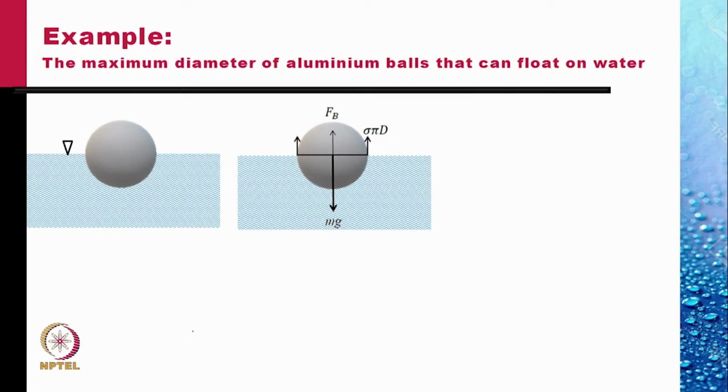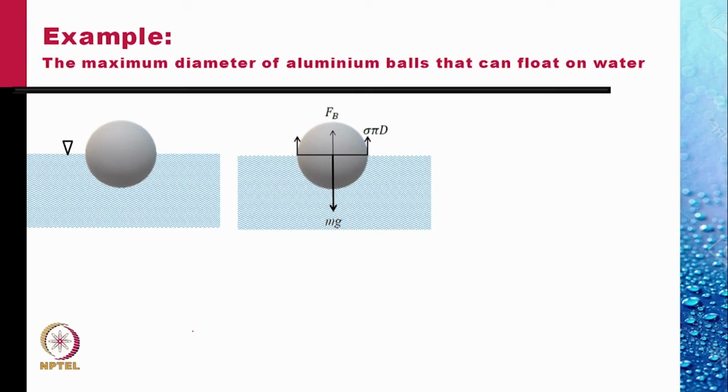Here, the volume of the liquid displaced is equal to half the volume of the sphere, 2 by 3 pi r cubed. And so the buoyancy force would be rho of water times g times 2 by 3 pi r cubed. The weight would be rho of aluminum times g times 4 by 3 pi r cubed.